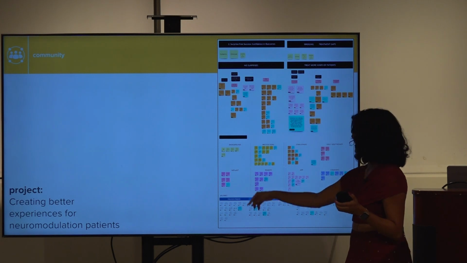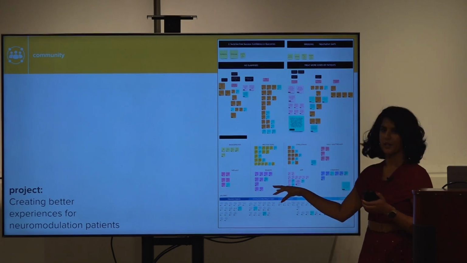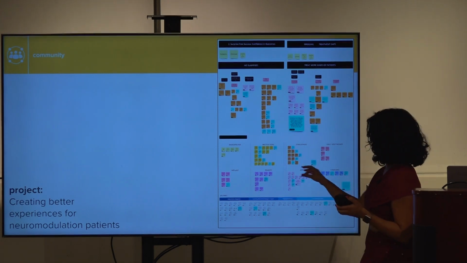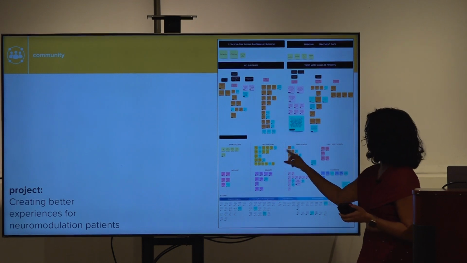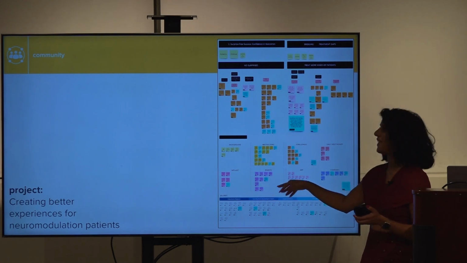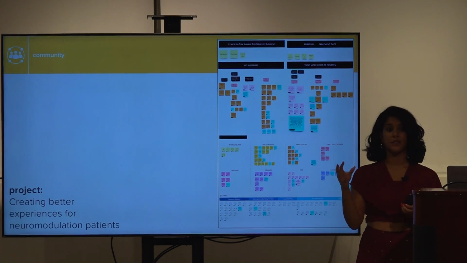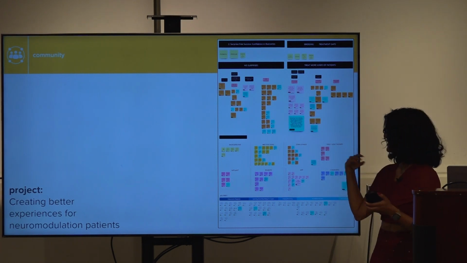This down here is an example of an interview and the notes that we take from the interview. We have different categories that we've divided it into, and each color is representative of that category. When it comes time to analyze that research, we start to group everything.